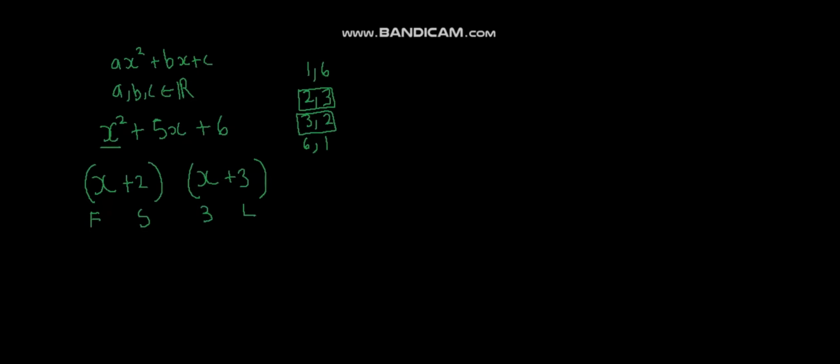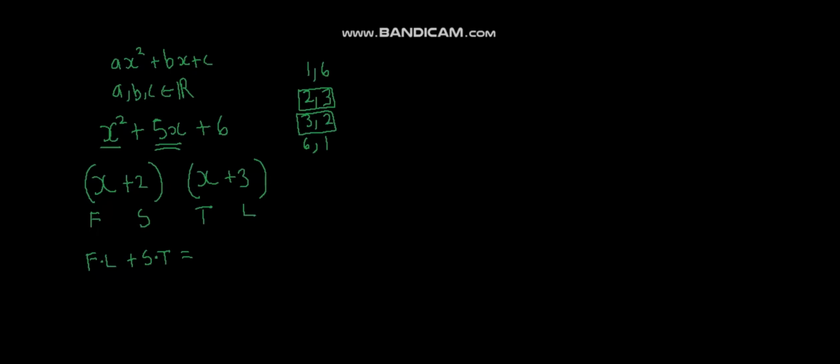So the product of the first and the last term plus the product of the second and the third term must be equal to this middle term in the original quadratic.